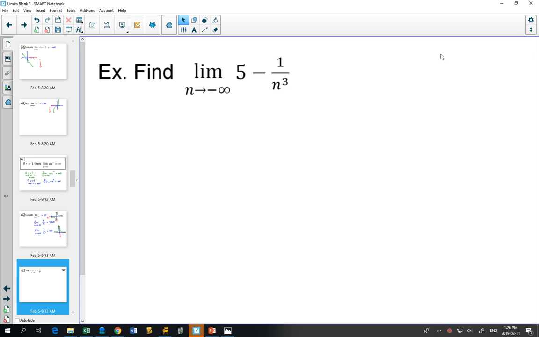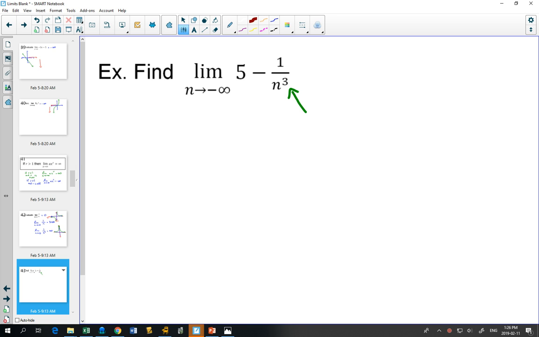What happens when you plug in a very, very large negative number? Well, the only place that we have an n is right there. What is 1 over negative a billion? Really, really close to 0.